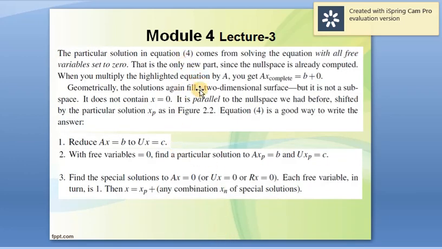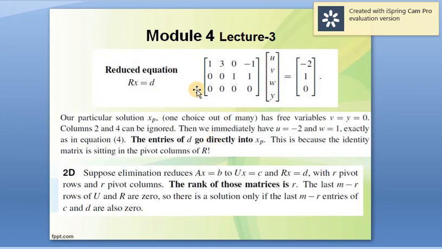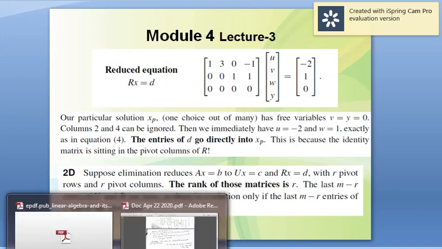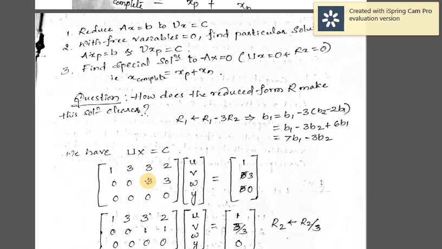Now what is the need of Rx is equal to d? As we know, R is nothing but the U itself, but in that U, the values of the pivot elements have to be 1, and the elements in the pivot column have to be zero except the pivot, which should be a non-zero element and unity.